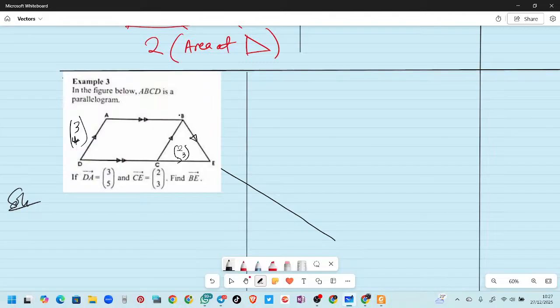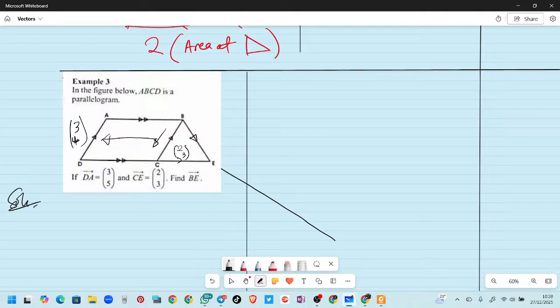Now, to get to E, you can pass through what? Come and pass through here, which is BC. Then add the CE, right? But BC is negative of this one. It's not in the same direction. So it's an opposite direction, so you negate it. Understand?